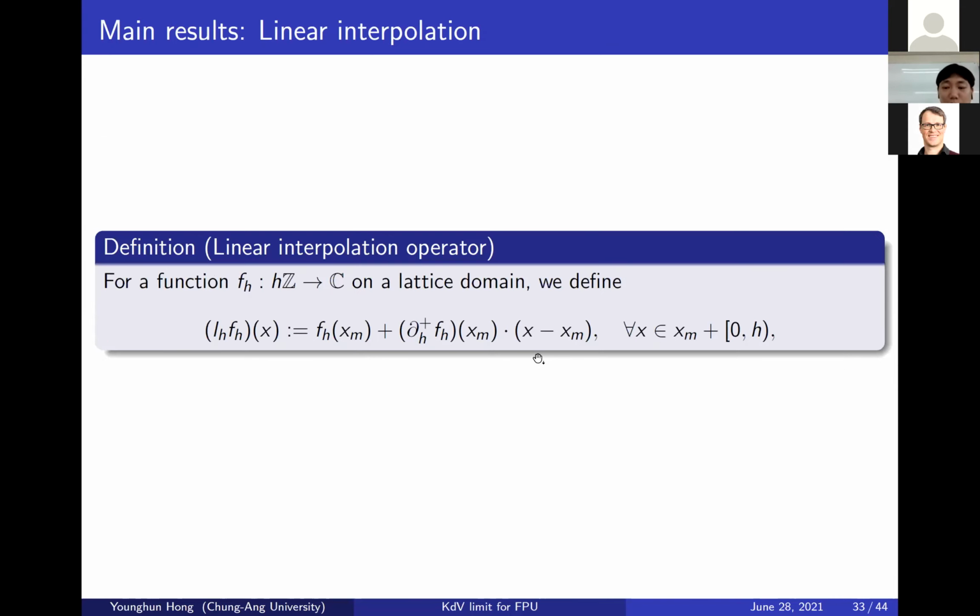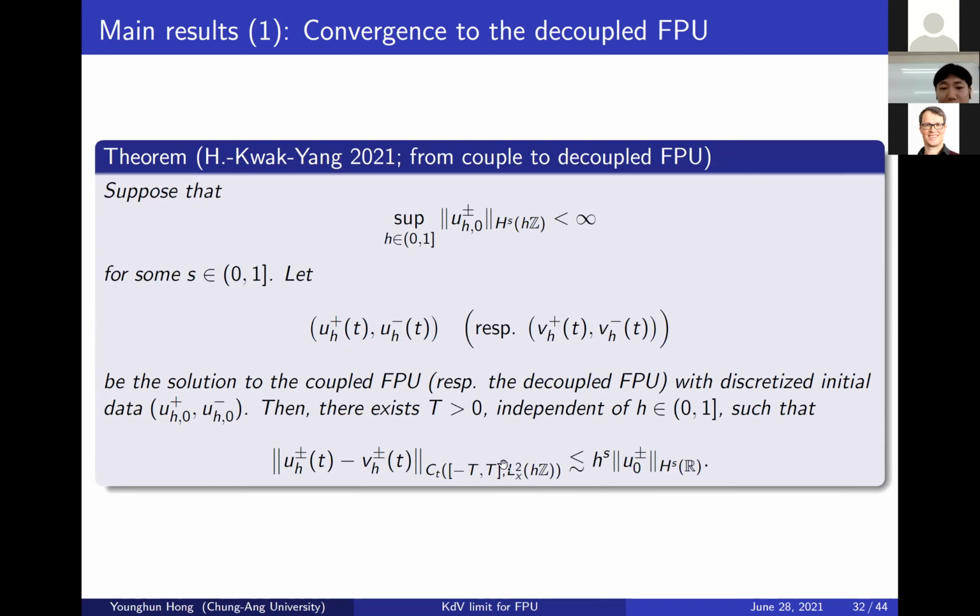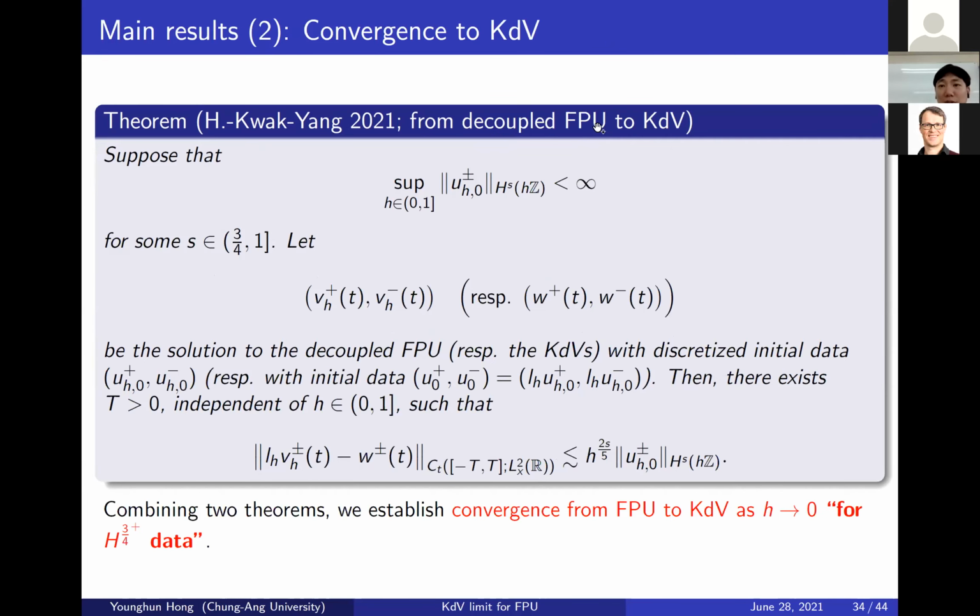Combining these two convergence theorems, coupled to decoupled FPU and decoupled FPU to KdV, we can conclude that the FPU solutions converge to KdV solutions as h goes to 0 for H^(4/4 plus epsilon) data. So the regularity assumptions in the previous result are reduced, and some additional assumptions are relaxed. Here we only need the Sobolev norm.